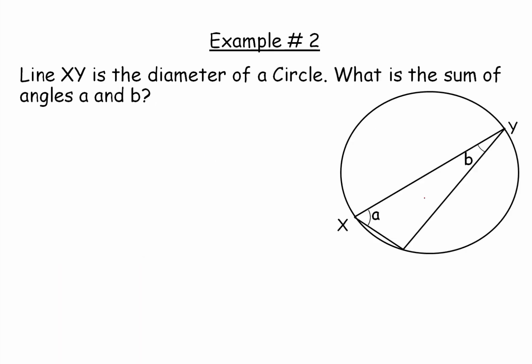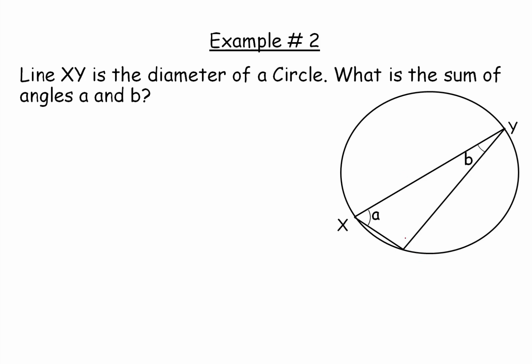Let's see a second problem. Line XY is the diameter of a circle. What is the sum of angle A and B? This is the diagram for this problem, and line XY is the diameter.